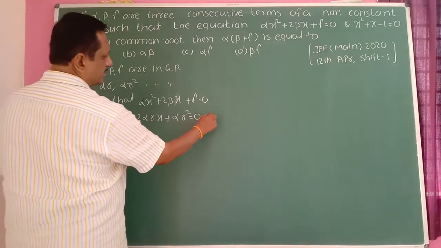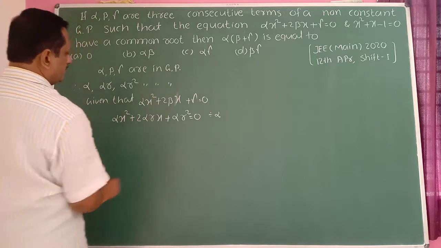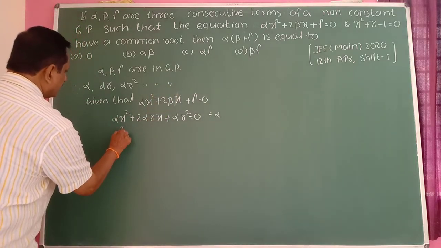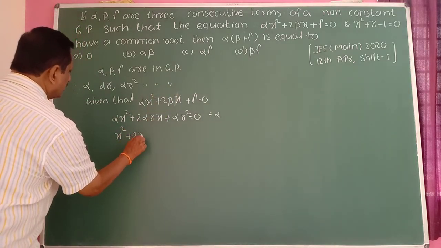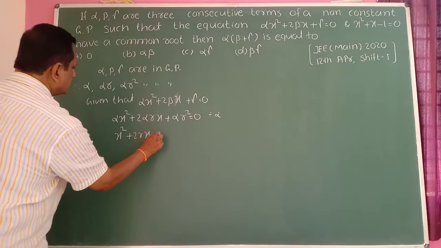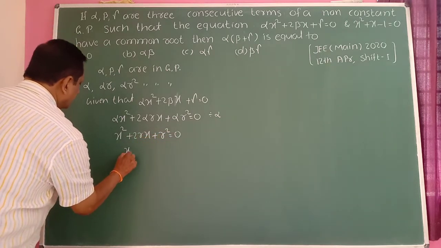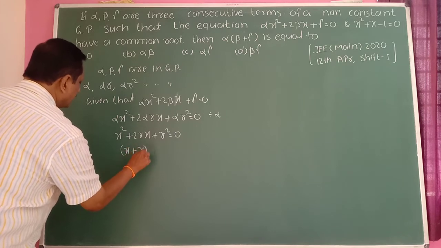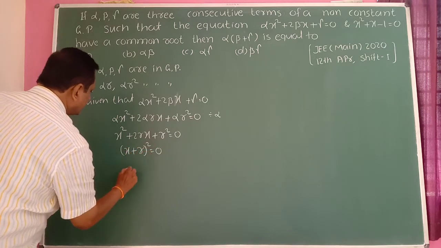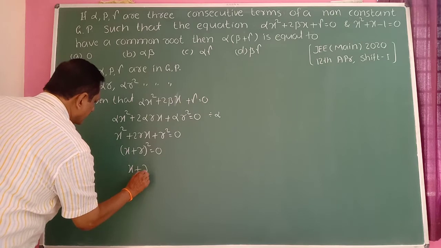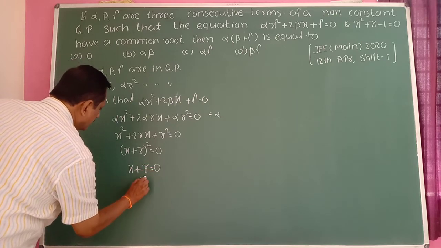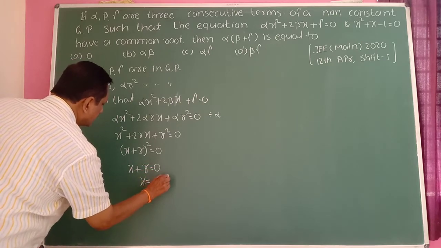Dividing both sides by alpha, we get x square plus 2rx plus r square is equal to 0. Hence x plus r whole square is equal to 0. Then x plus r is equal to 0, x is equal to minus r.